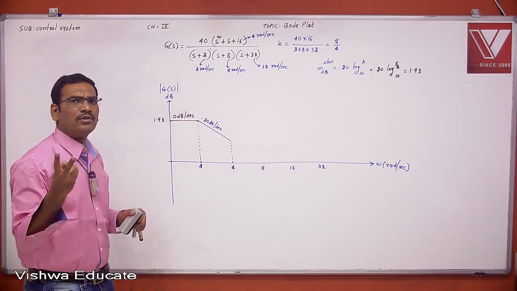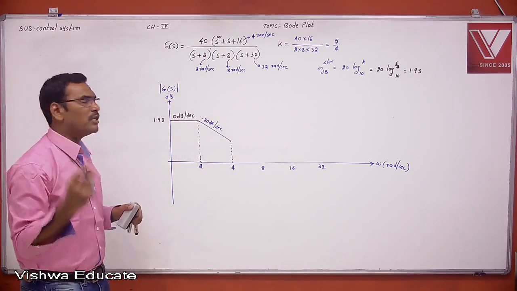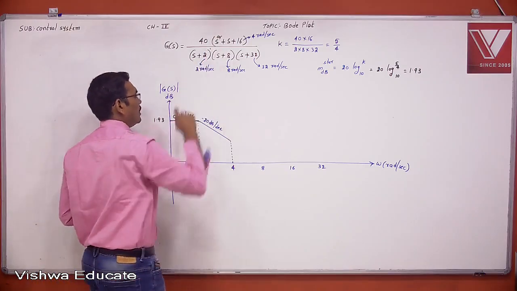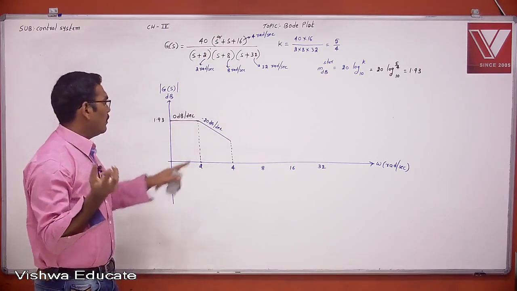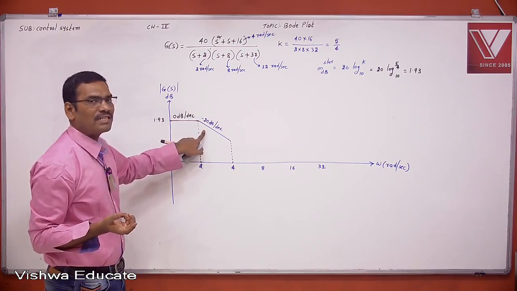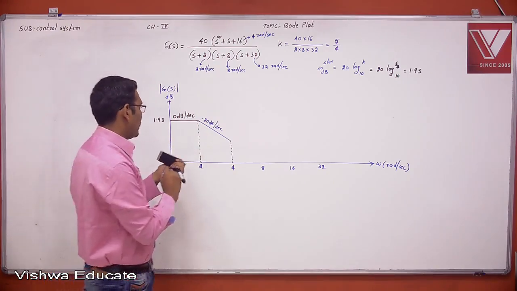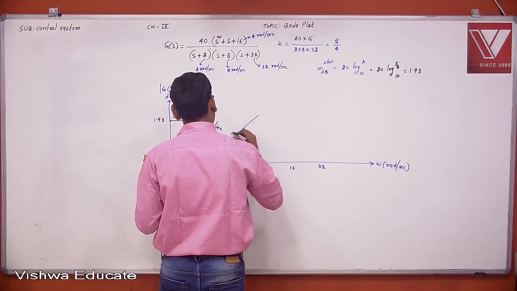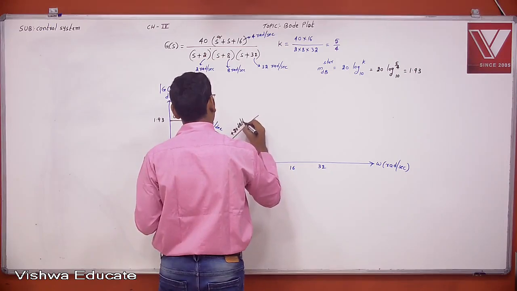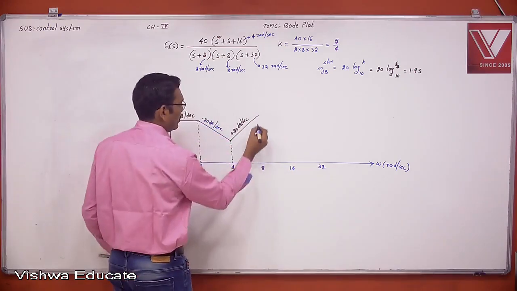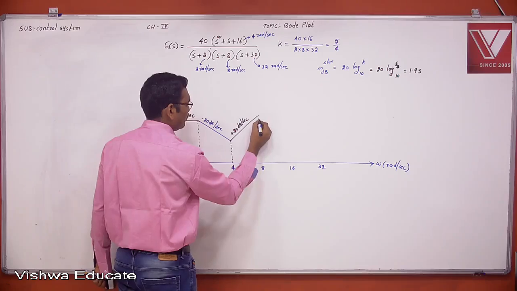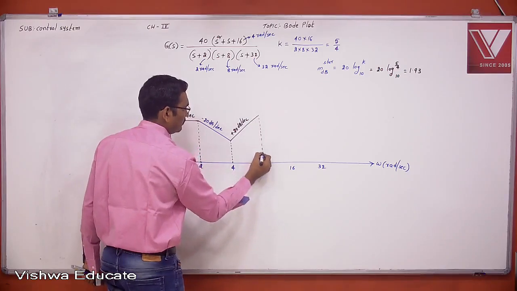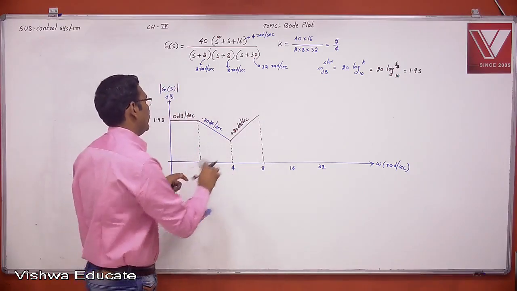Two finite zeros produce a slope of 2 into plus 20, which is plus 40. Plus 40 is added to this: plus 40 minus 20, how much? Plus 20. Now this is plus 20 dB per decade, and this holds up to the next corner frequency, 8 radians per second.